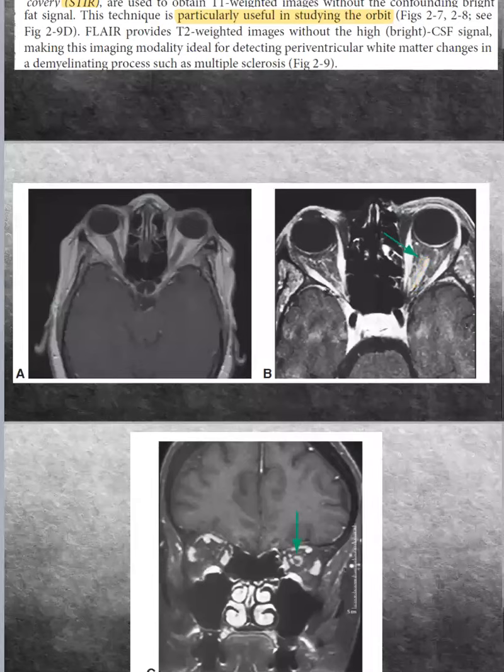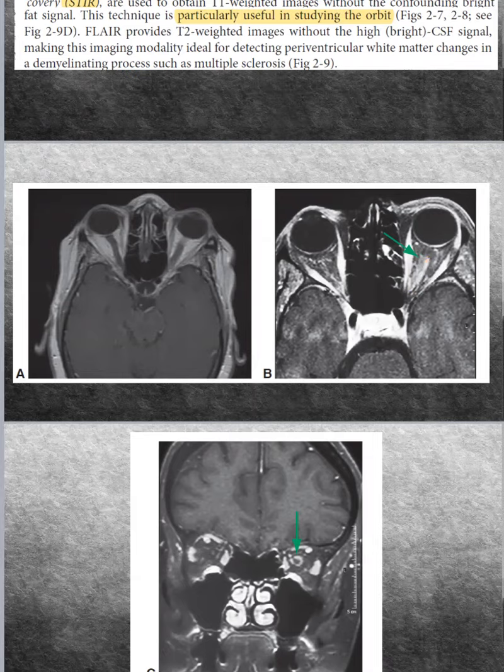Can you see this one? Here I have hyperintensity here and hyperintensity here, and this is called railway appearance, and this is a characteristic sign of optic nerve sheath meningioma. So you may misdiagnose this one if you don't do fat suppression.